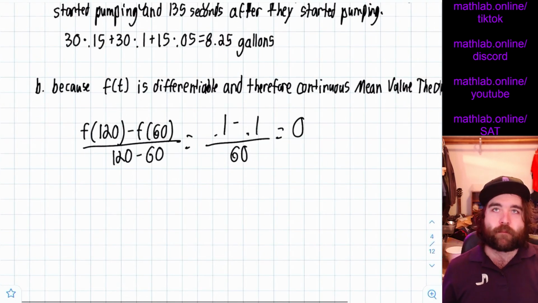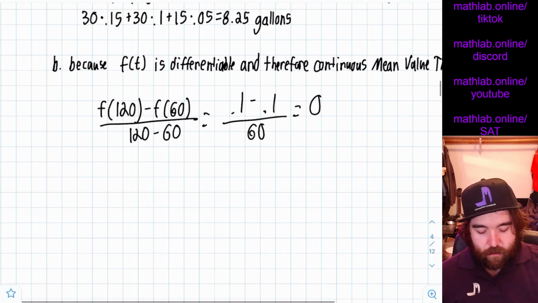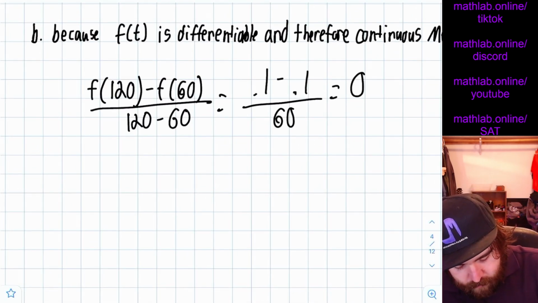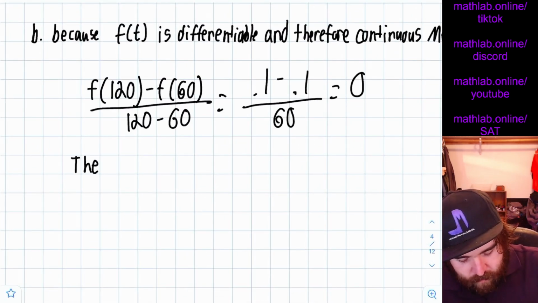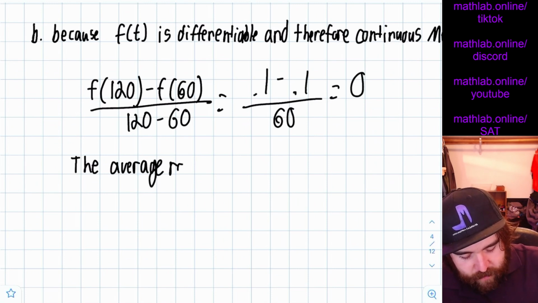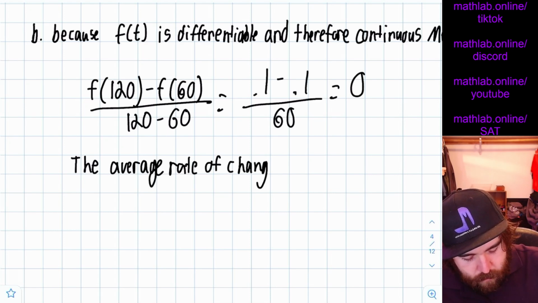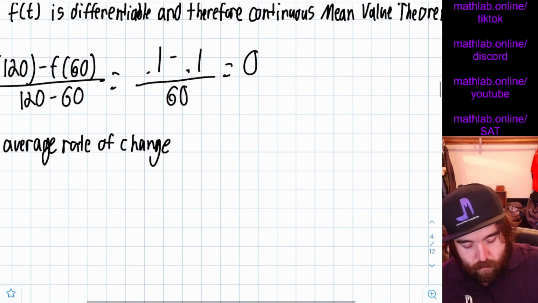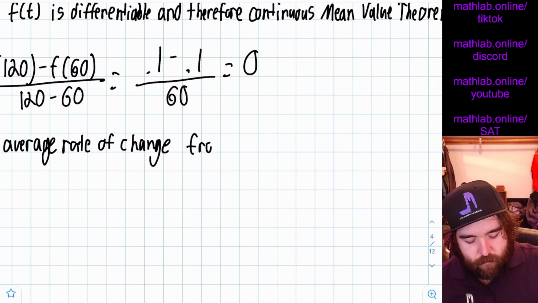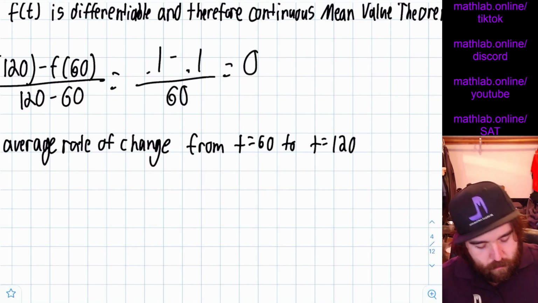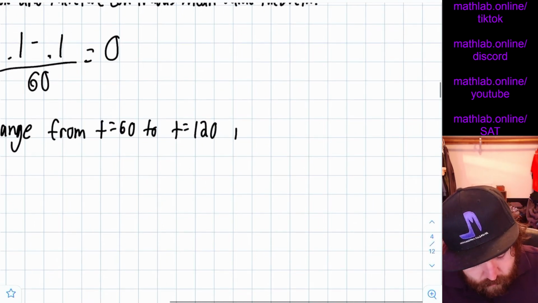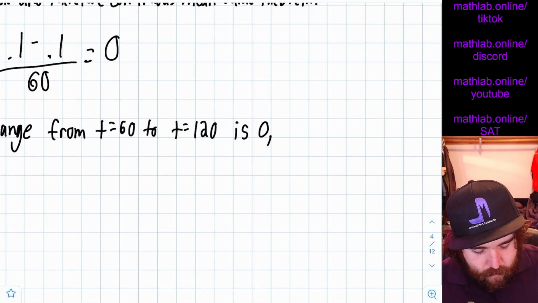So we say the average rate of change from t equals 60 to t equals 120 is 0.